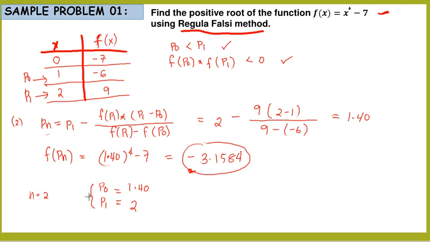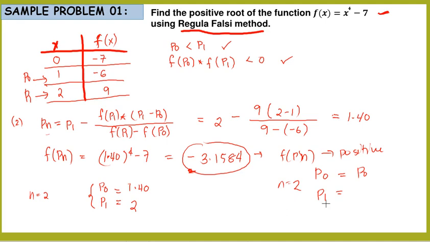So, we need to solve again for the value of Pn. Then, kunin natin yung function ng Pn. And, doon sa function of Pn, ma-determine natin kung itutuloy pa rin natin yung iteration natin. So, pag nakuha natin dito sa function of Pn, say, nakuha natin is a positive value, yung P0 natin is still the same sa next iteration.